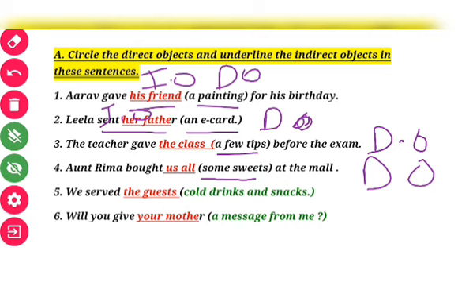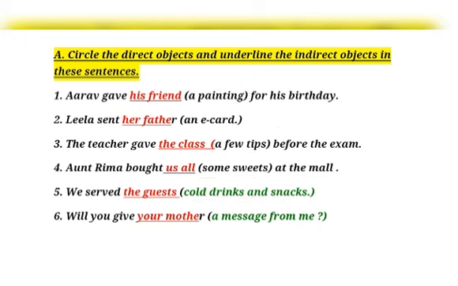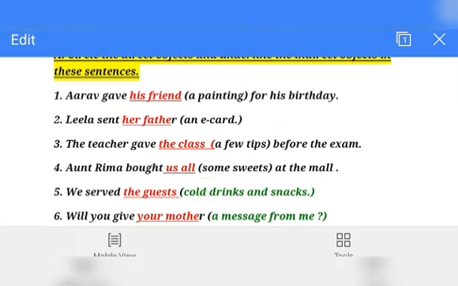Now the next one: we served the guest cold drinks. What did we serve? Cold drinks will be the direct object. Clear? The guest will be the indirect object. And the last is: will you give your mother a message from me? What is the indirect object here?